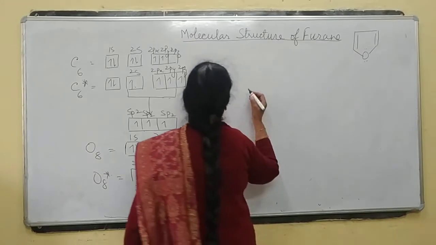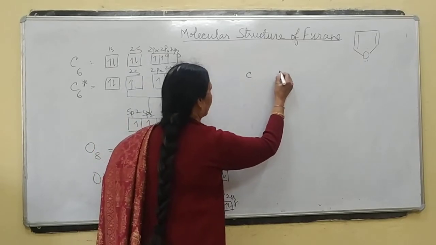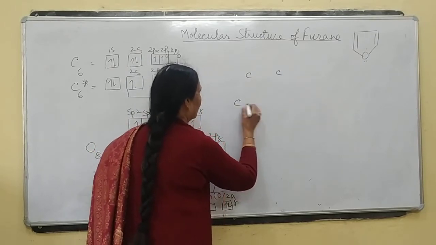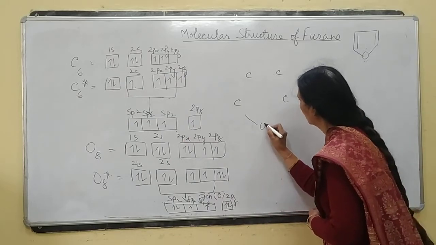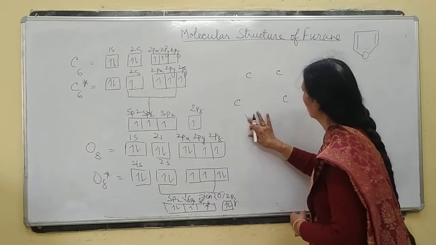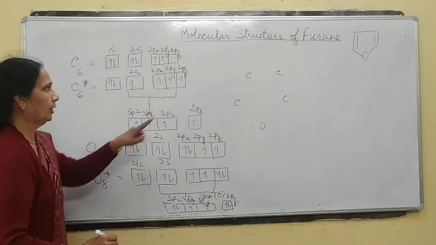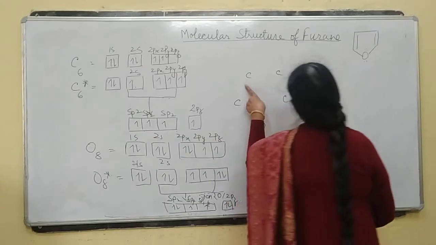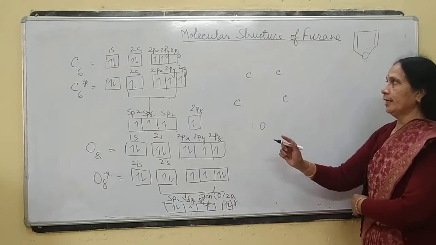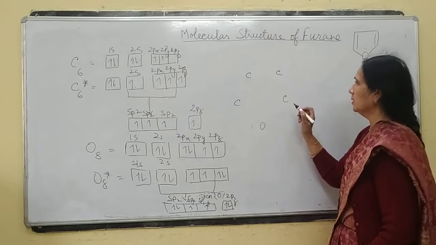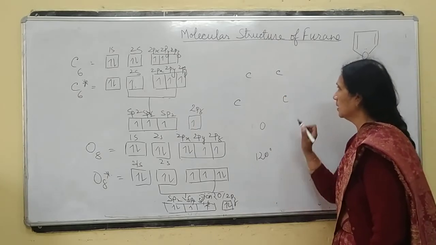If we draw the structure, we can see each carbon atom is sp2 hybridized, having 3 sp2 hybrid orbitals 120 degrees apart.